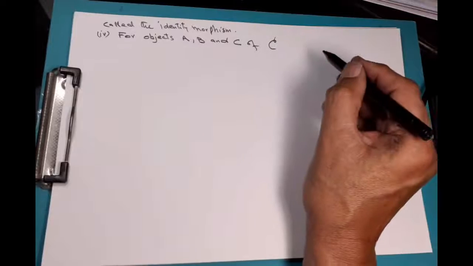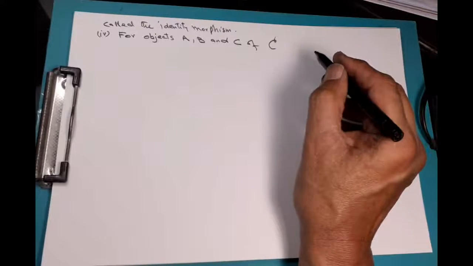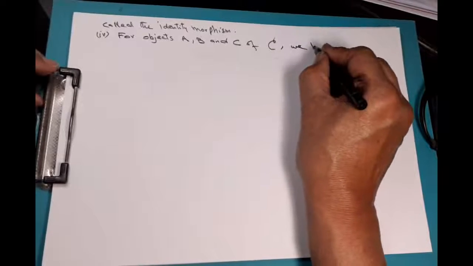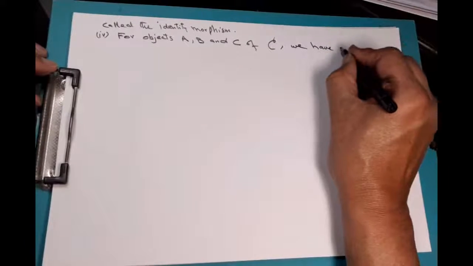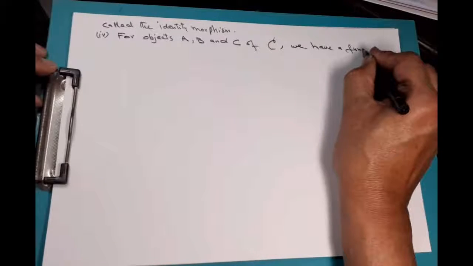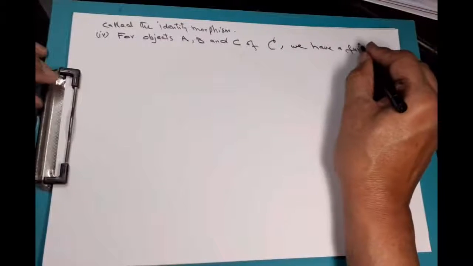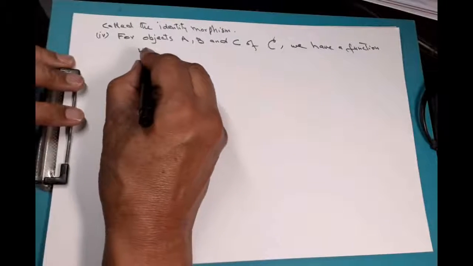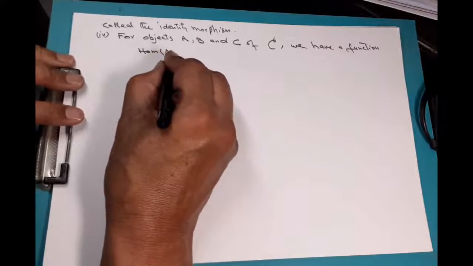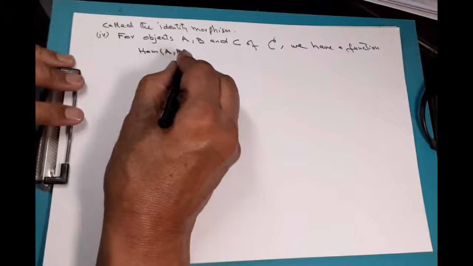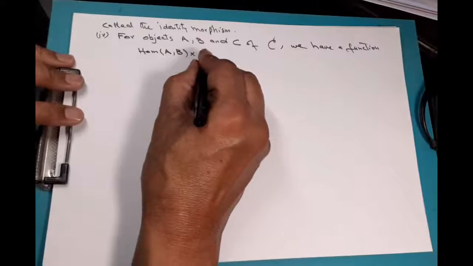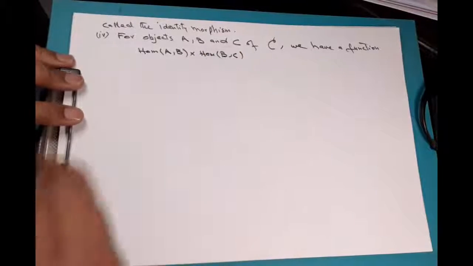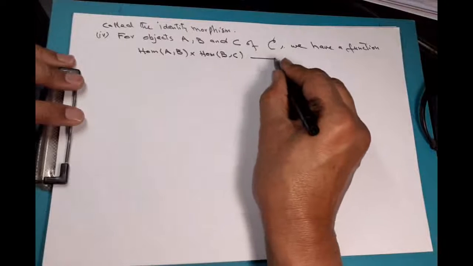So for objects A, B, C of C, we have a function. And you know what this function is going to be. This function is going to be from hom AB cross hom BC to hom AC.